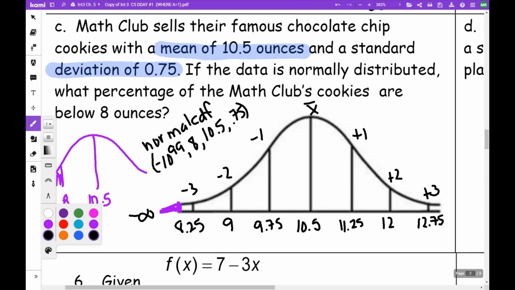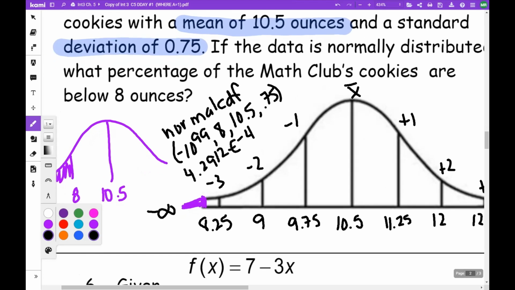Okay, I put this in my calculator and I think I'm going to get something in scientific notation. Okay, so it gave me 4.2912, let's say, but it has an E with a -4.